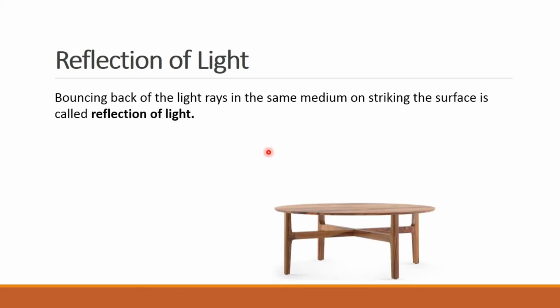Like if I am taking this table, how are you able to see this table? First of all, I am taking a luminous object, a torch. From any luminous object, the light will fall on this table. Whenever this light falls from the luminous object, what is this ray called? This is called the incident ray.